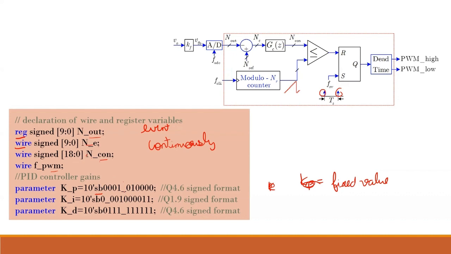This underscore is for our own understanding. These are the 4 bits for the integer part, and these are the 6 bits for the decimal part. What is the value of KP, sir? If we see, the value of KP is actually 1.25.